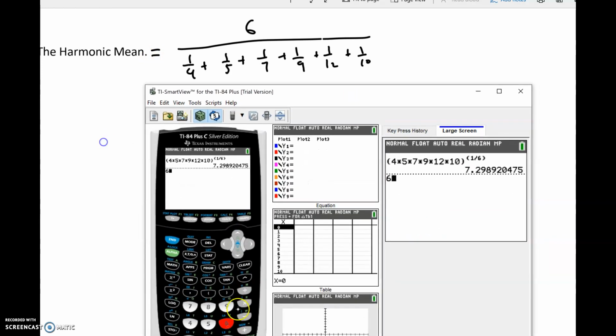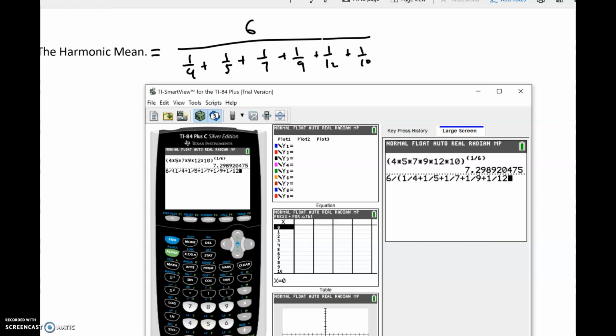And you're going to say 6 divided by, open parentheses, 1 divided by 4 plus 1 divided by 5 plus 1 divided by 7 plus 1 divided by 9 plus 1 divided by 12. Whoops, error right there.